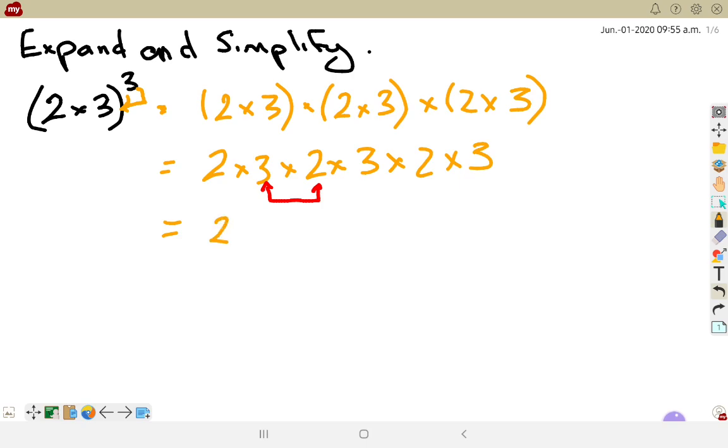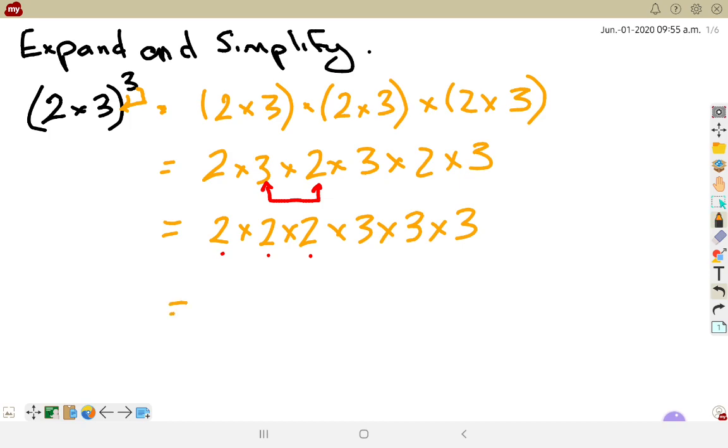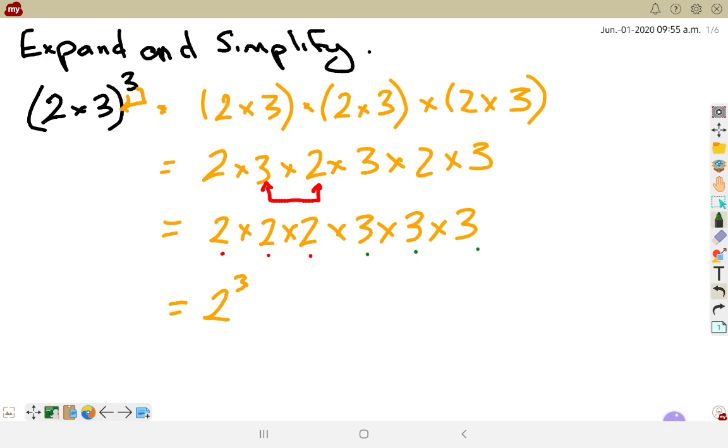So what I'm going to do is I'm going to move all my 2's together and I'm going to move all my 3's together. And then if I've got 2 times 2 times 2, 1, 2, 3, there are 3 of those 2's, so I could rewrite that as 2 with an exponent of 3. And then I also have 3 times 3 times 3. There are 3 of those, so I could rewrite that as 3 cubed.